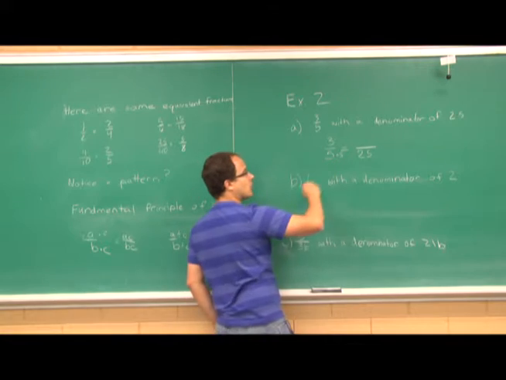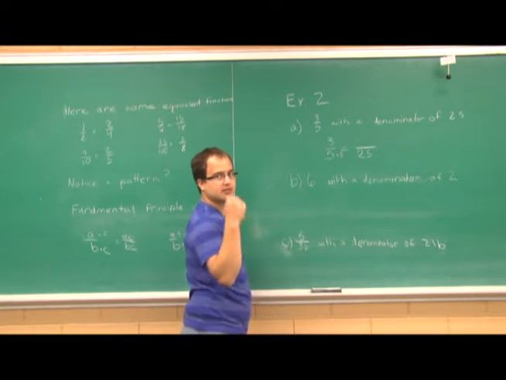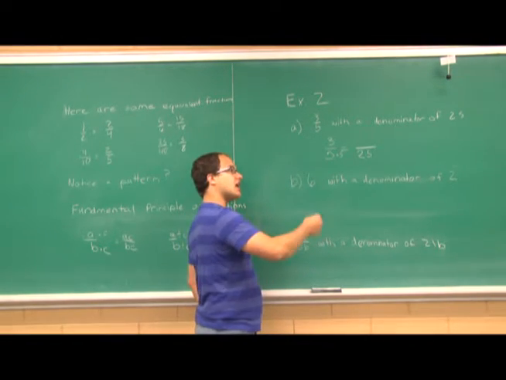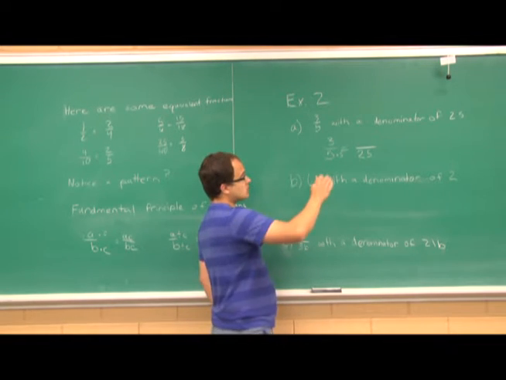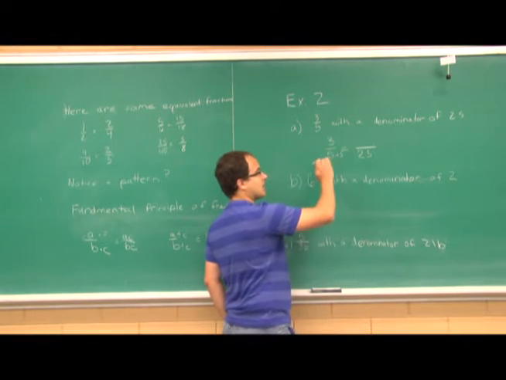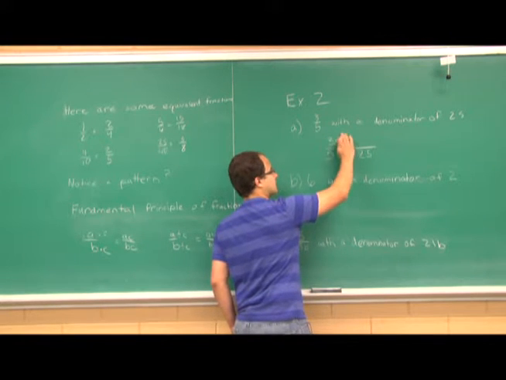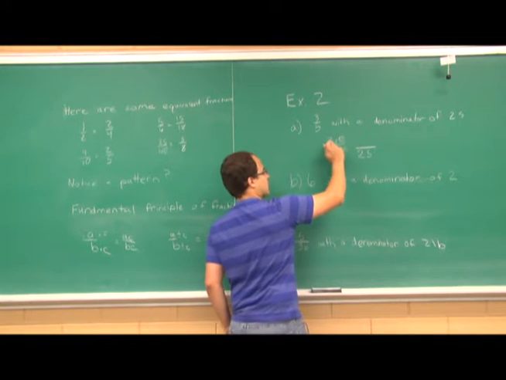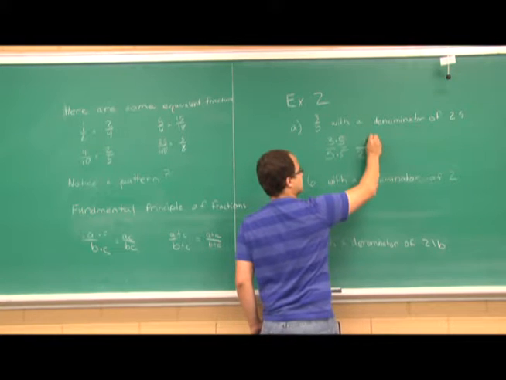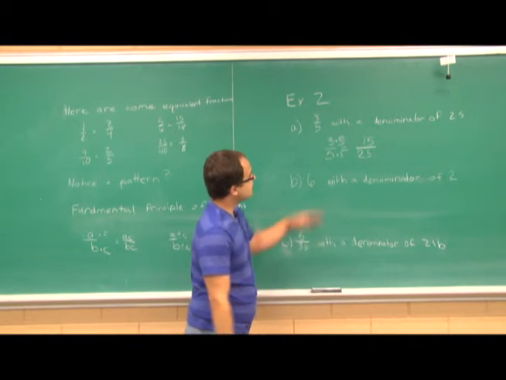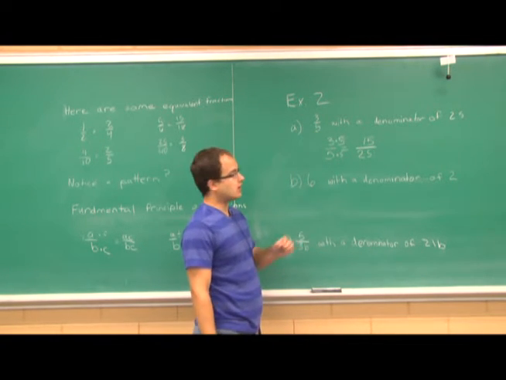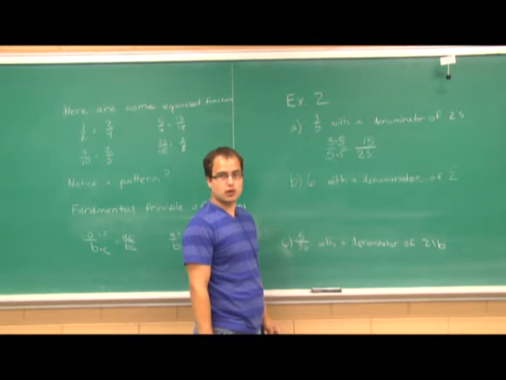And remember the rule, whatever you do to the bottom, you have to do to the top, or whatever you do to the top, you have to do to the bottom. So since I've multiplied the denominator by 5, I have to multiply the numerator by 5. So 3 times 5 is 15. So 3/5 with a denominator of 25 is 15/25.